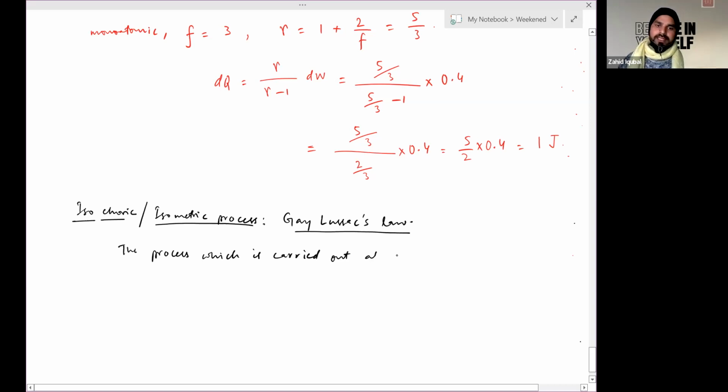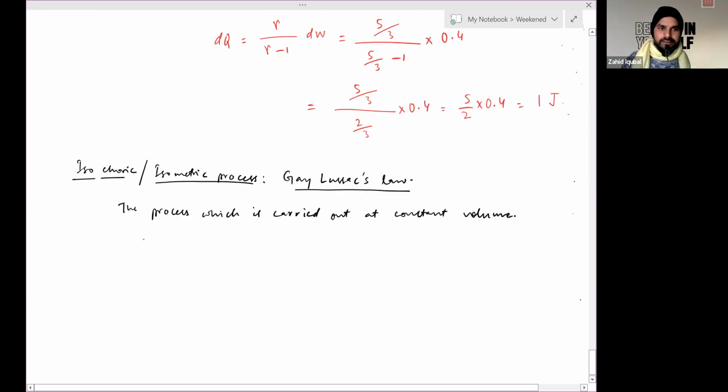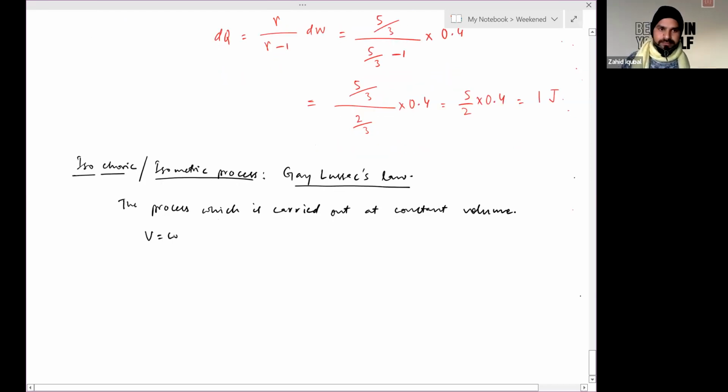So in this part, volume is constant. So change in volume will be 0.